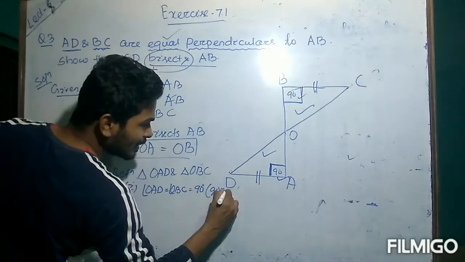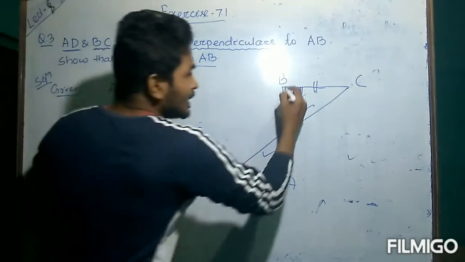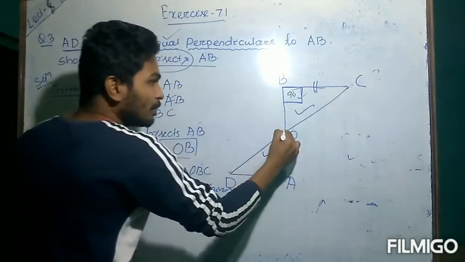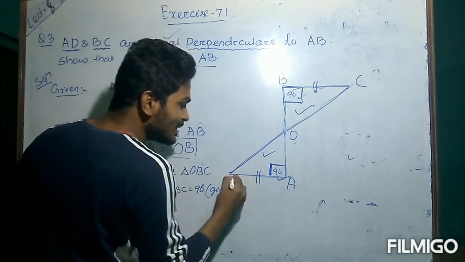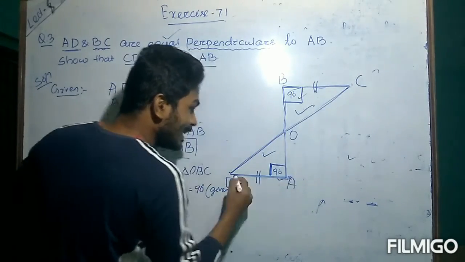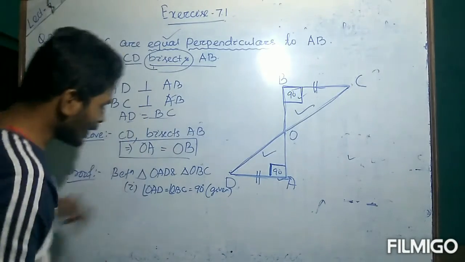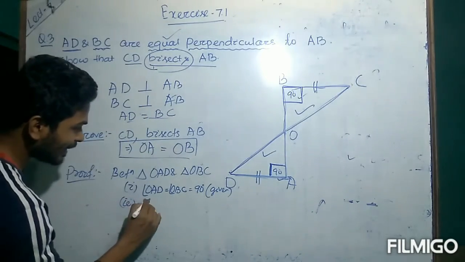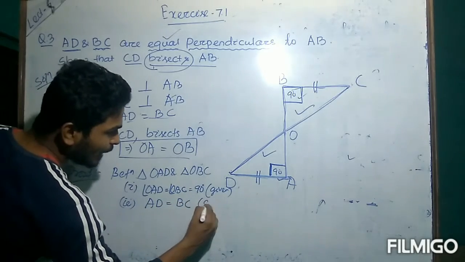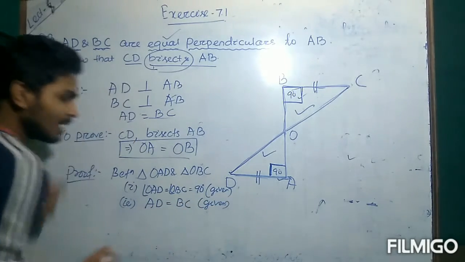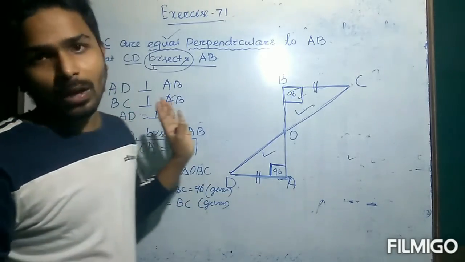Why? Because it is given. Next, this side of this triangle, BC, is equal to this side of the other triangle. AD is equal to BC. It is already given in the statement. So we can write in the second statement that AD is equal to BC. Why? It is given. Now, of the three statements, two have been found.